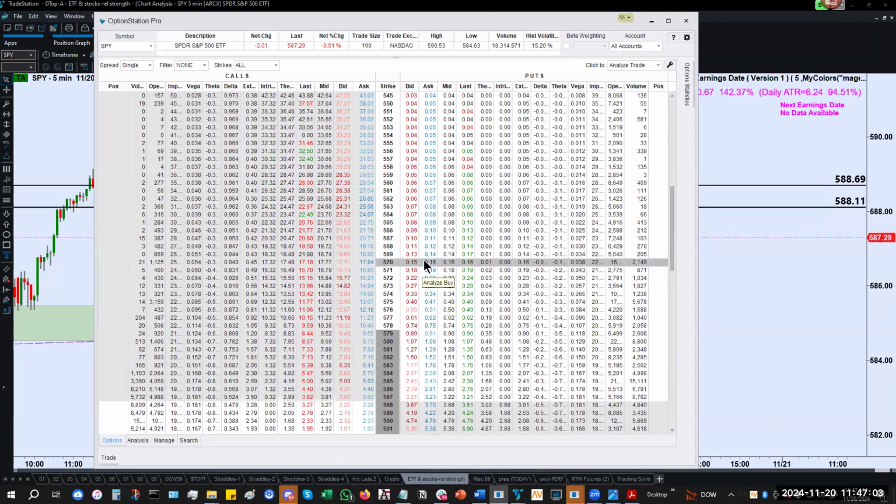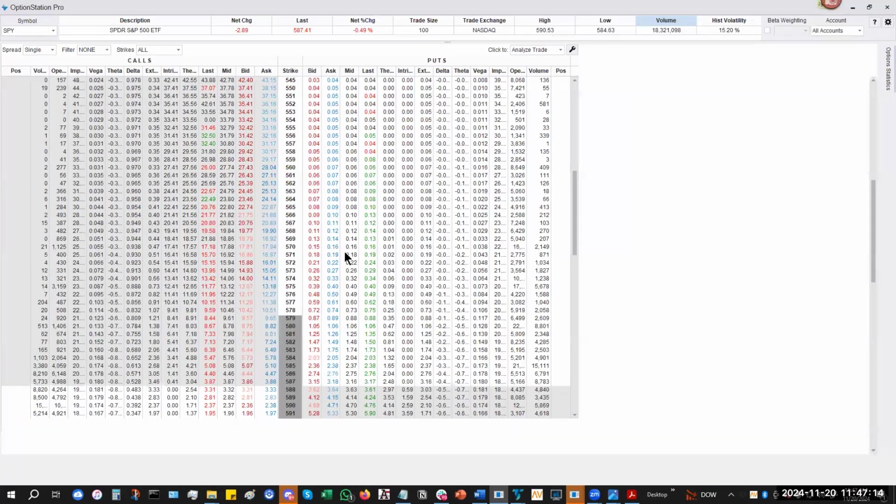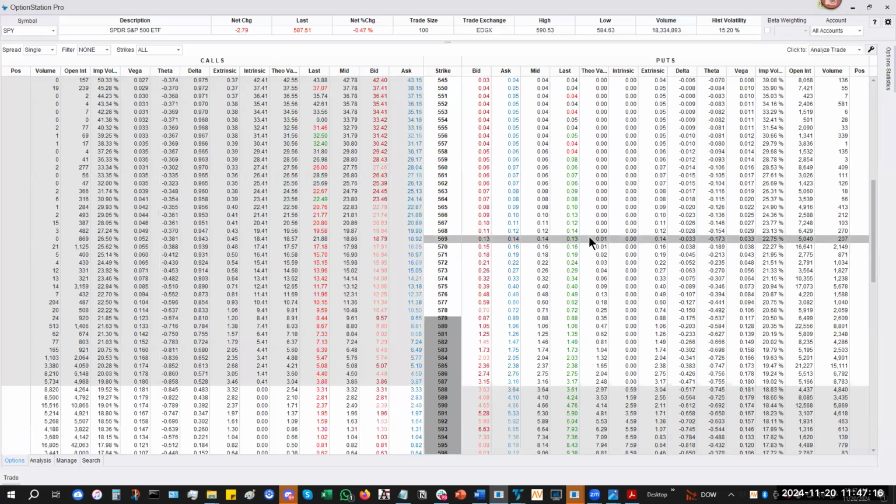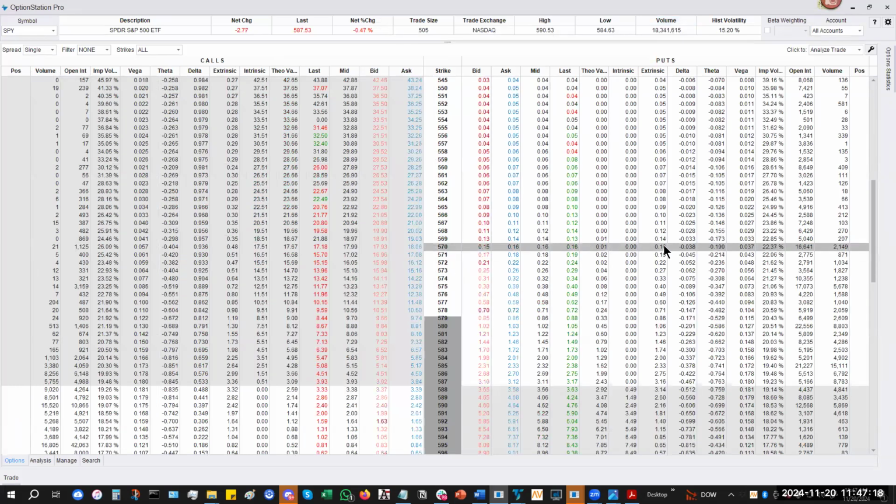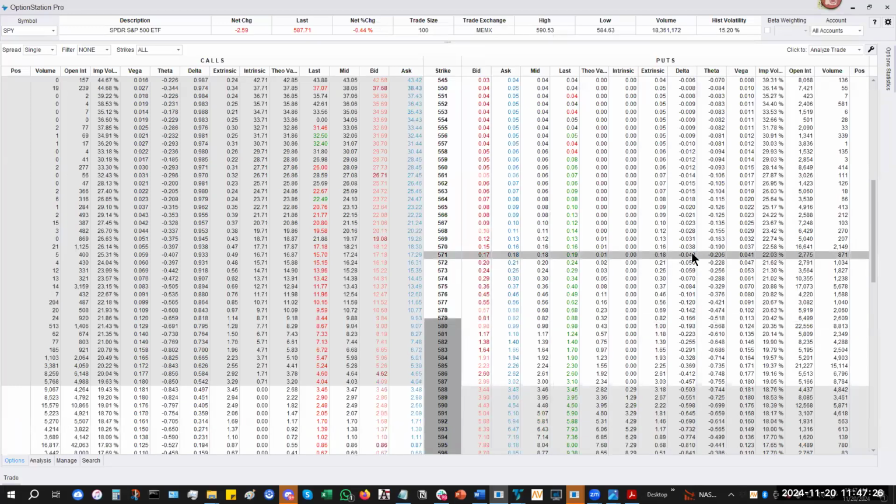But that's an incredibly difficult way, because in terms of delta, if you just look at the delta on the 570, you're running a delta of like 30. It's really small.